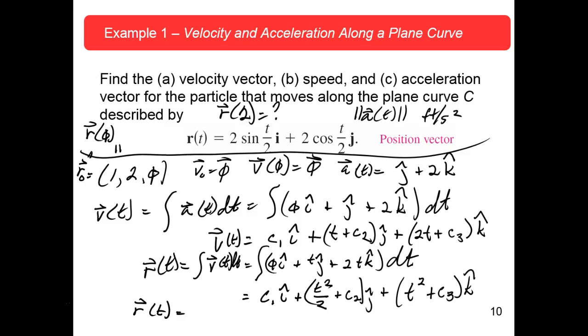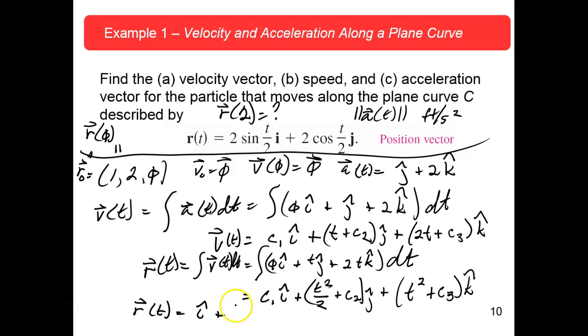So C1 is 1. So that would be i, plus, okay, when t is 0, j is 2. So C2 will be 2, because t is equal to 0 and that disappears.